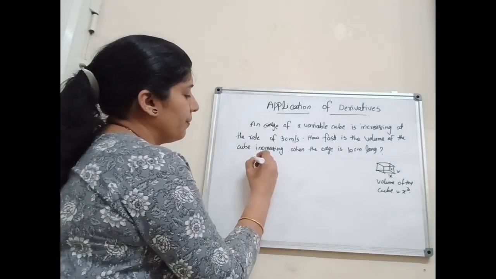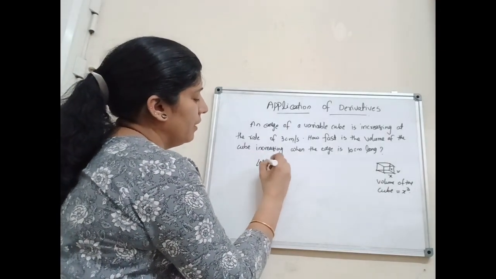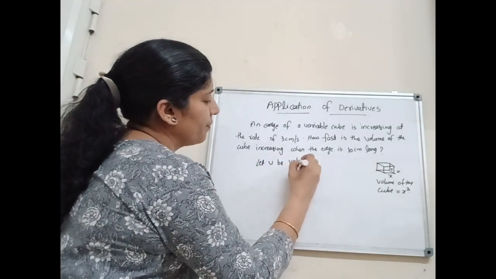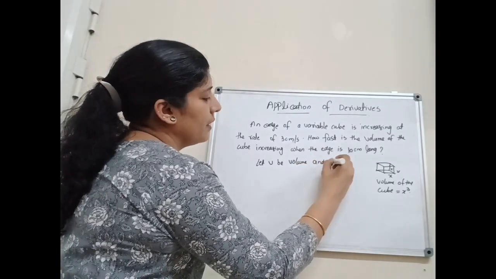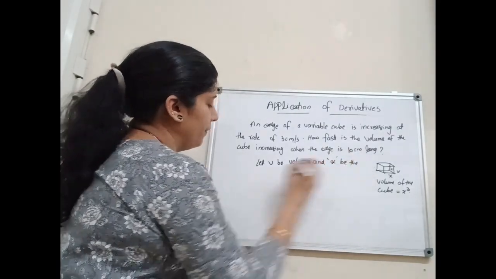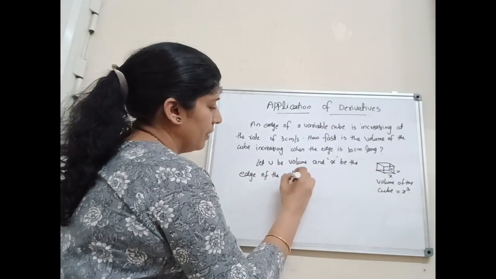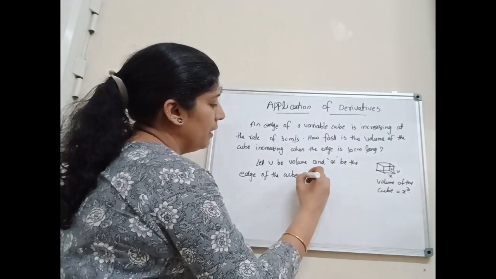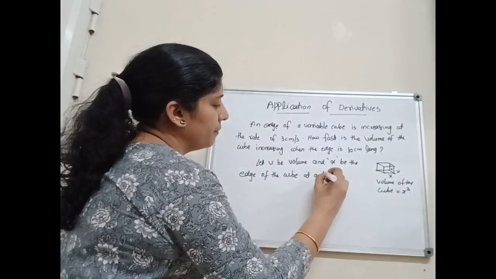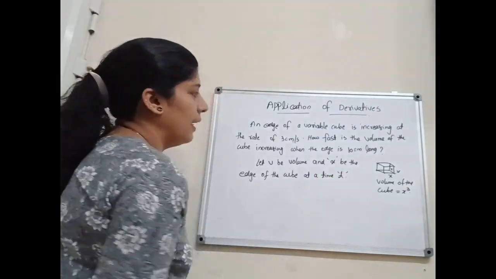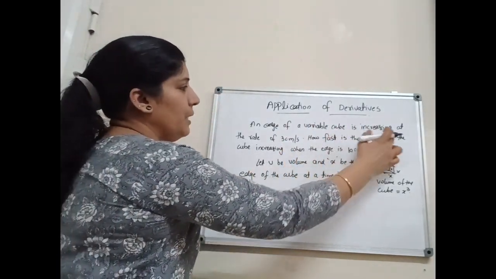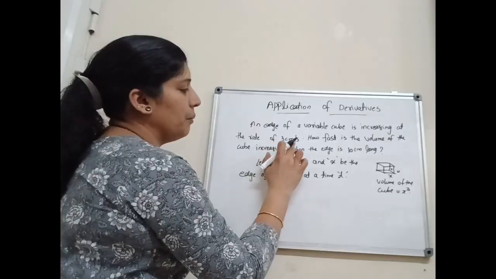Let us consider first, let V be the volume and x be the edge of the cube at a time t. Here, given the edge of a variable cube is increasing at the rate of 3 centimeter per second.